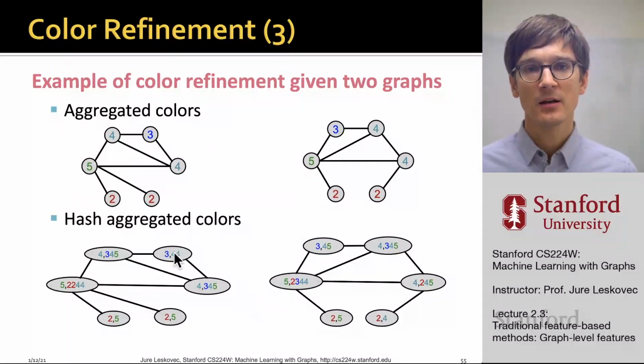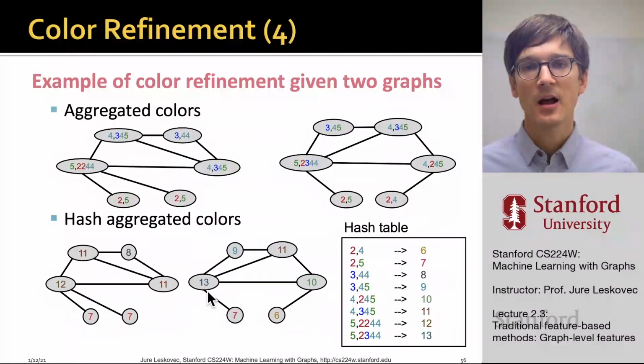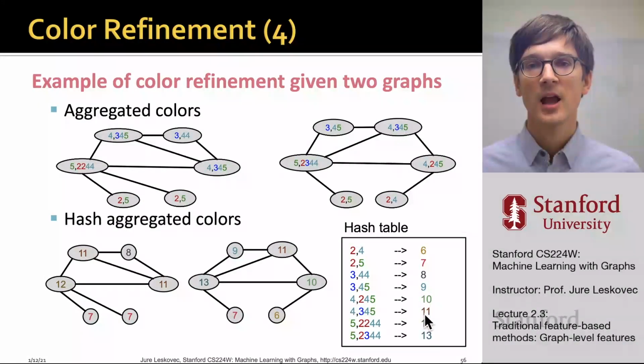Now again we take these aggregated colors and we hash them, and let's say our hash function assigns different new colors to these colors aggregated from the previous time step. So now we can take this original aggregated colored graph and relabel the colors based on the hash value. So 4, 3, 4, 5, 4, 3, 4, 5 is hashed into color 10, so we replace it with color 10 here.